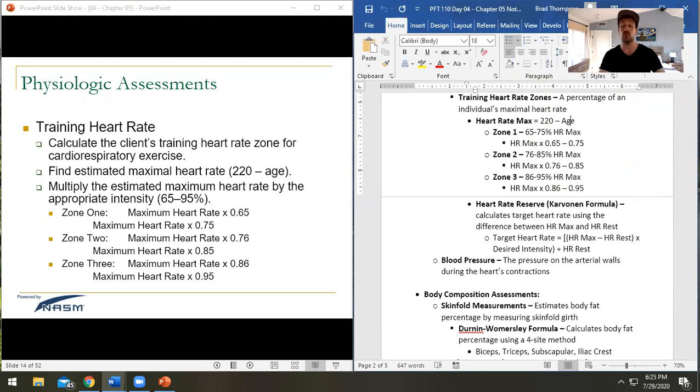But the way you're going to do this is you're simply going to take your heart rate max and multiply it by either 0.65 or 0.75, and that's going to give you 65 to 75%, which is what we call zone 1. We're going to break this into 3 primary zones. Your zone 3 is primarily going to target your phosphagen system. Zone 2 is primarily going to target glycolysis. And zone 1 is primarily going to target your aerobic energy.